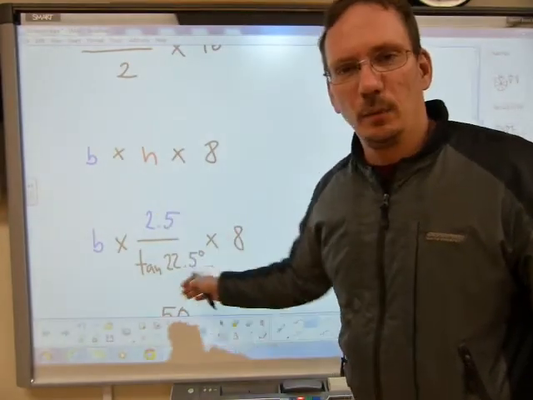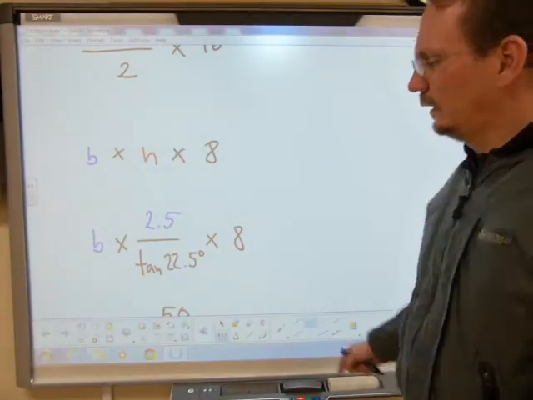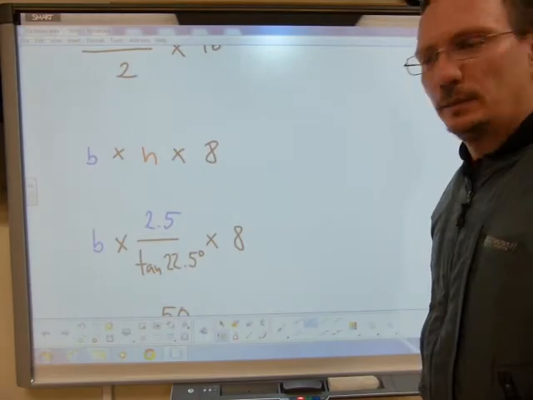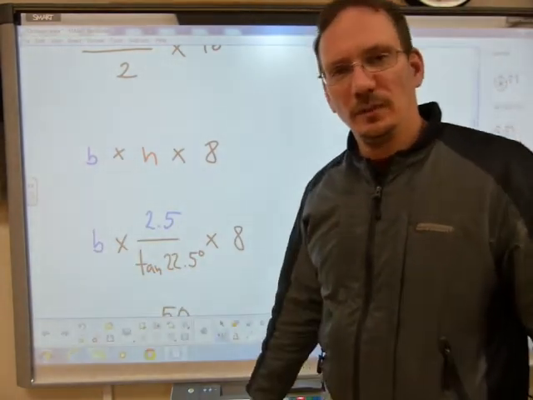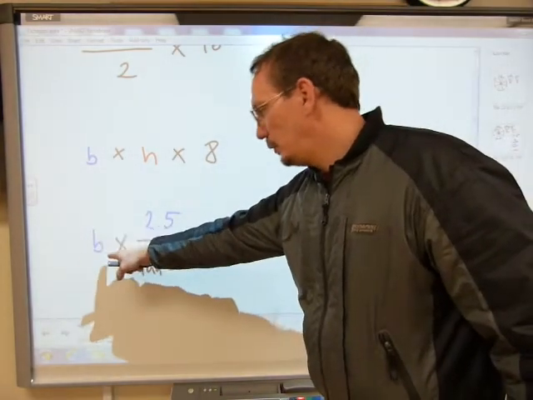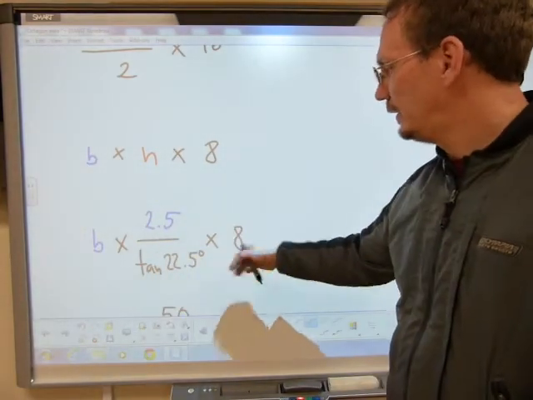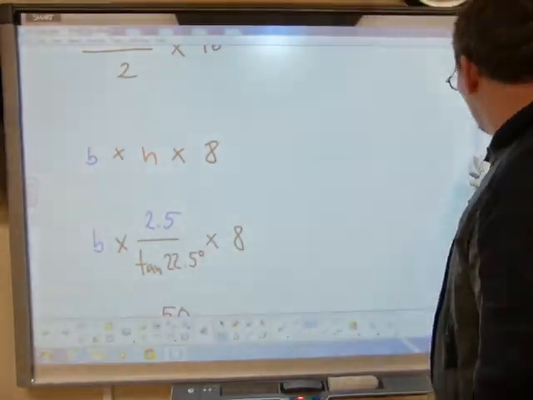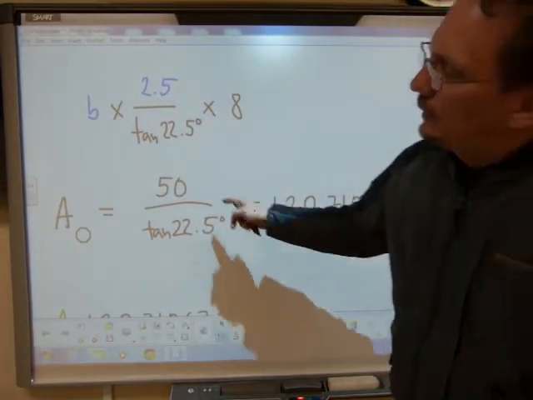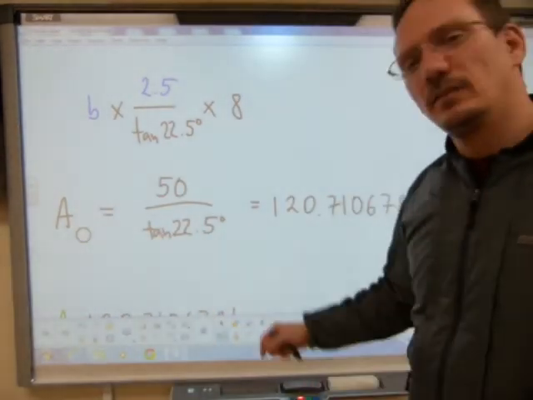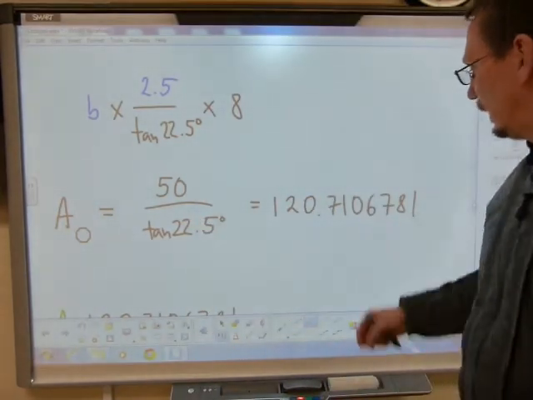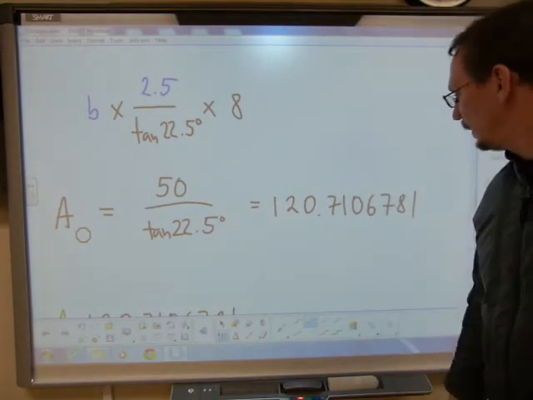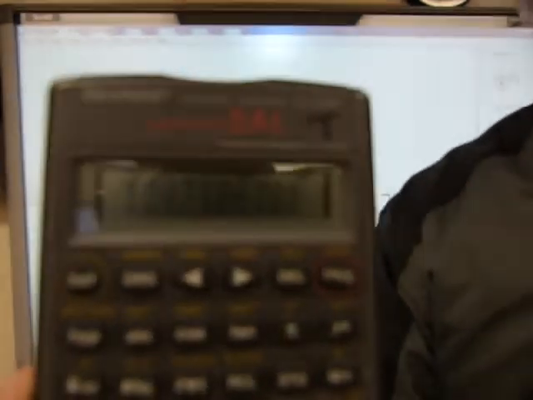Instead of height, I plopped here in the 2.5 divided by tangent 22.5. It's still the same thing, and that base was 2.5. So if I multiply 2.5 by 2.5 by 8, I'm going to get 50 out of it. So that's pretty much the shortest way to calculate the area of that octagon that we started with. And again, I get the same number, 120.71 whatever.